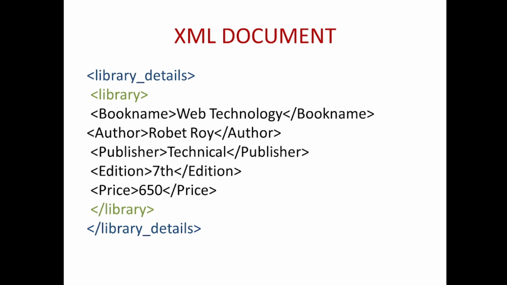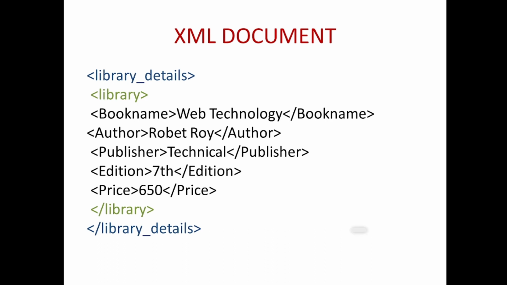Now you can see in this XML document, every starting tag has its corresponding ending tag. And also remember that when you write your XML document, you have to use proper syntax, and all your tags must be arranged and nested properly.